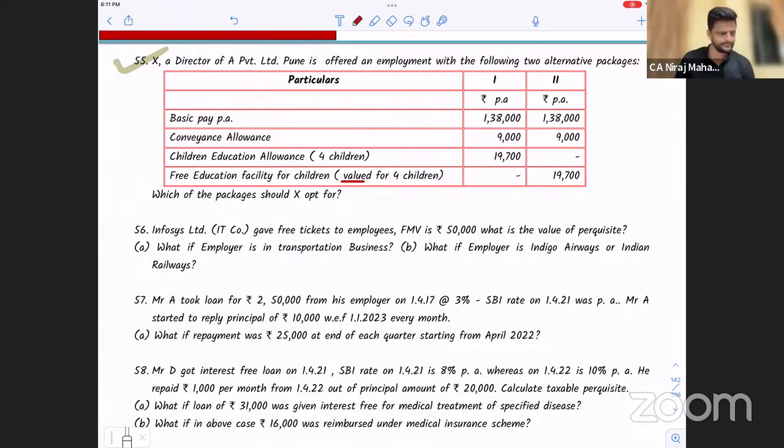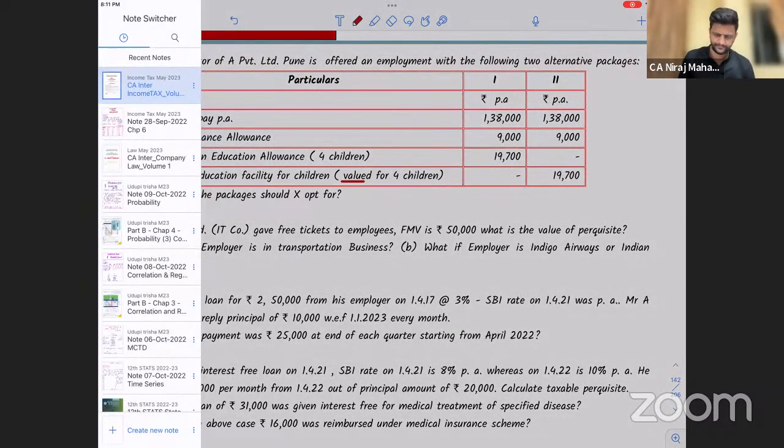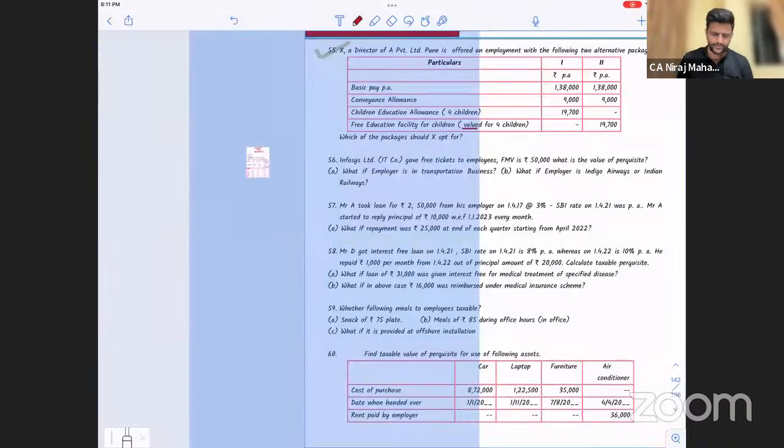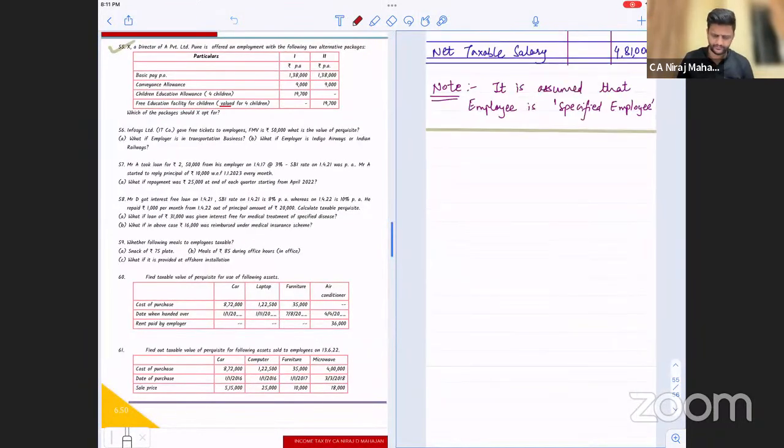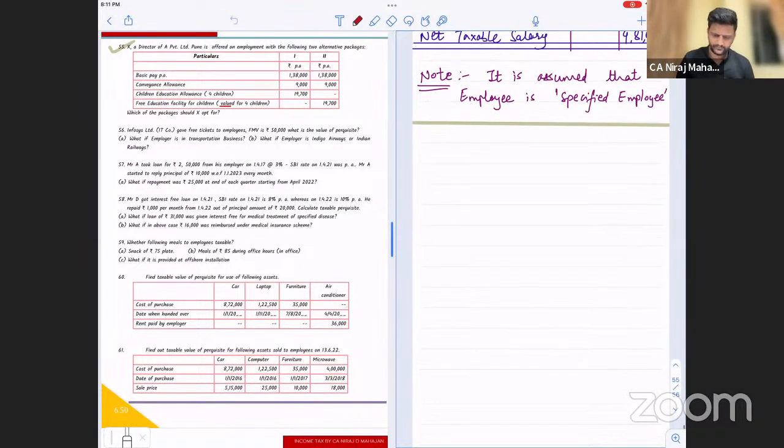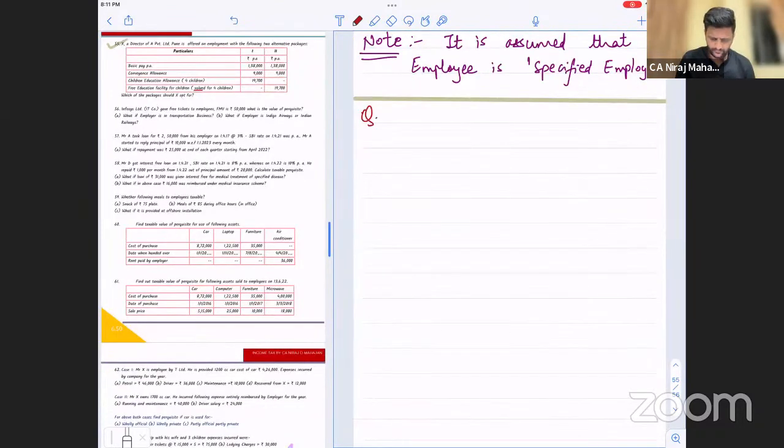Ready? We'll try right now. Computation of salary, question number 55.